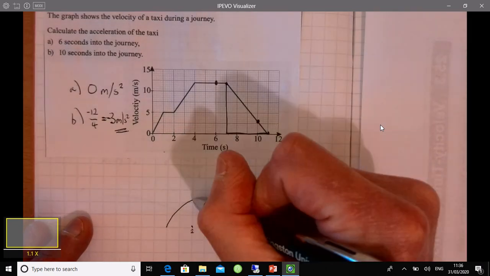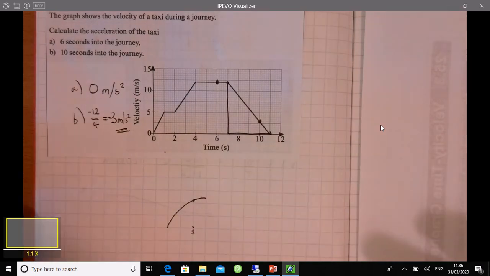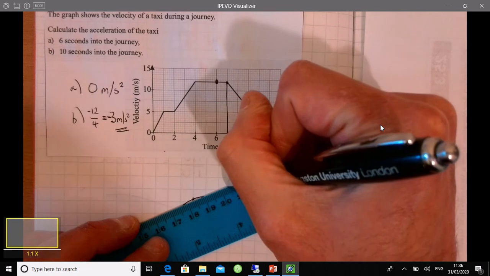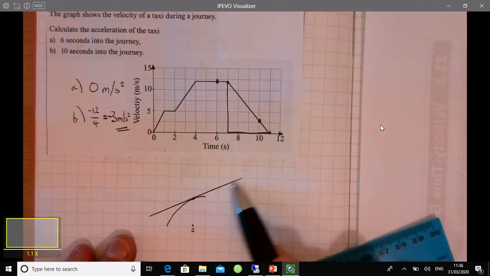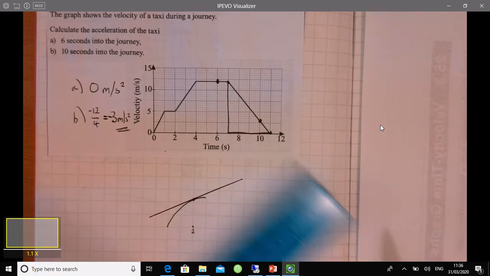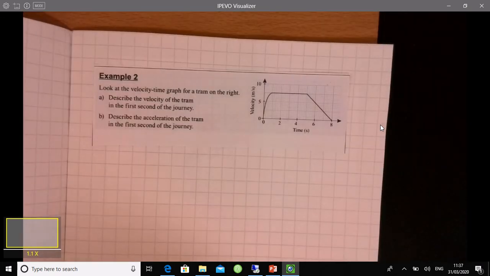Because this isn't a straight line here, I can't do it. Well, we can. What we would do is put a tangent in at that point, and then work out the gradient of this line. Obviously that's a little bit more advanced. There's something else to look out for. If I show you the next example, I'm actually going into that sort of idea.